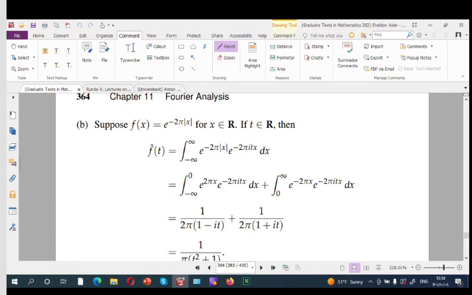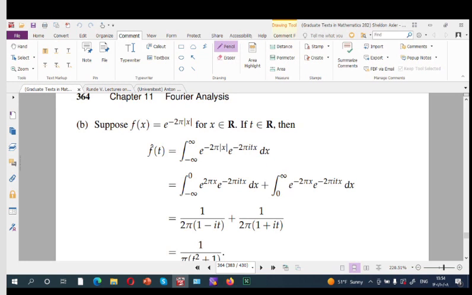This is our f, this is our function that must be multiplied by this, okay? And this integral is equal to these two if x is negative or positive.